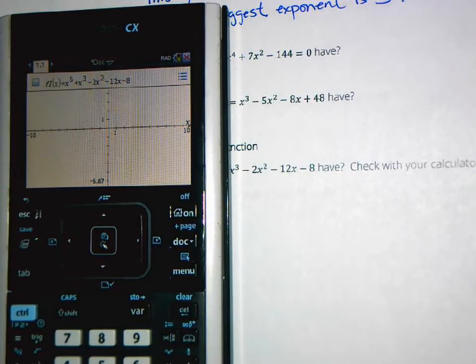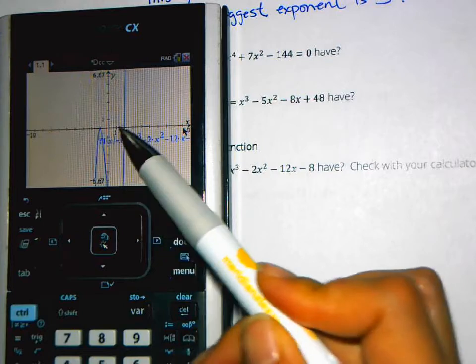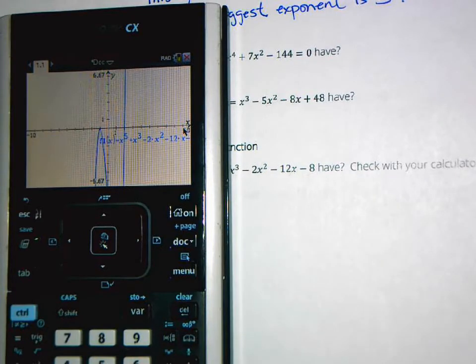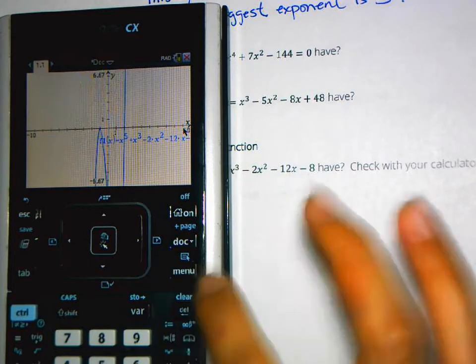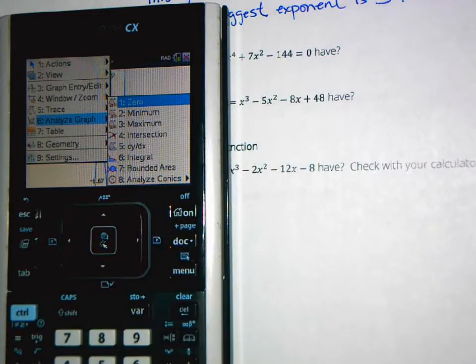Okay, this is my graph. If you take a look, there is a point right there, and there is a point right there. Those are my 2 zeros. I can choose any one of those zeros to find. So I'm going to go to Menu, Analyze Graph, find my zeros.